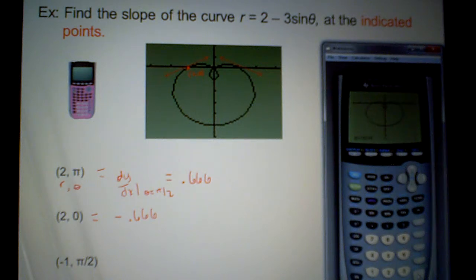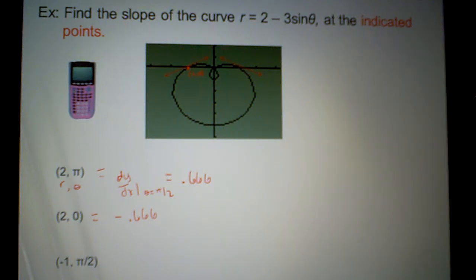Hey, look at that. Does that surprise you? That dy dx is 0 at r equals negative 1 and theta equals pi over 2. So right here. There's that tangent line.